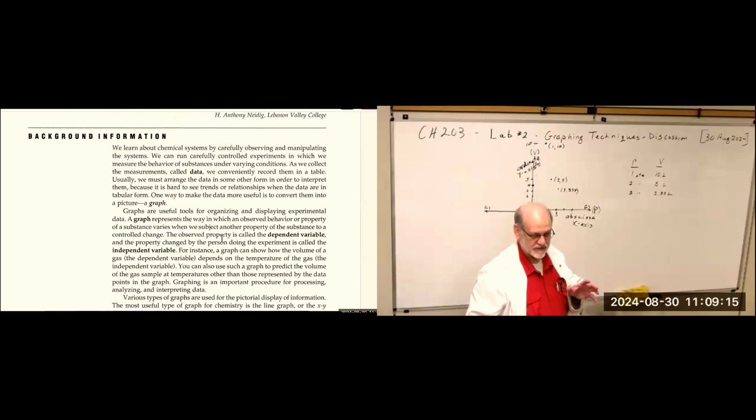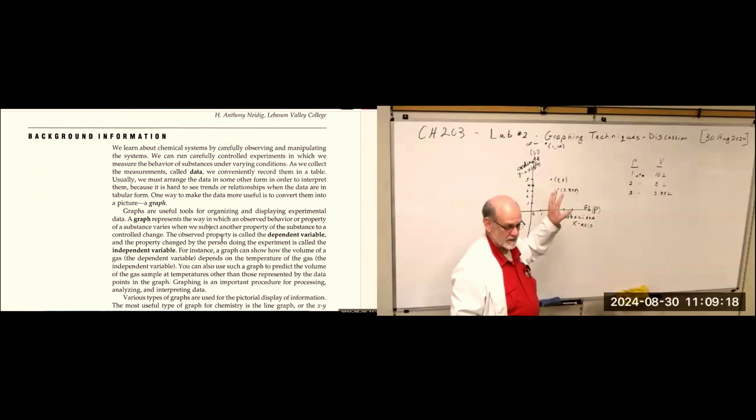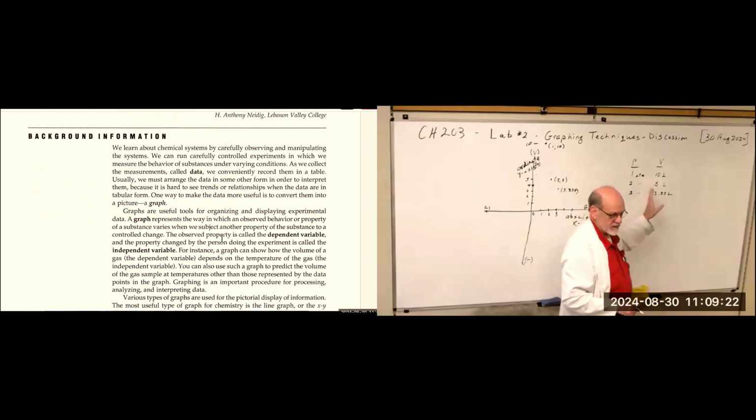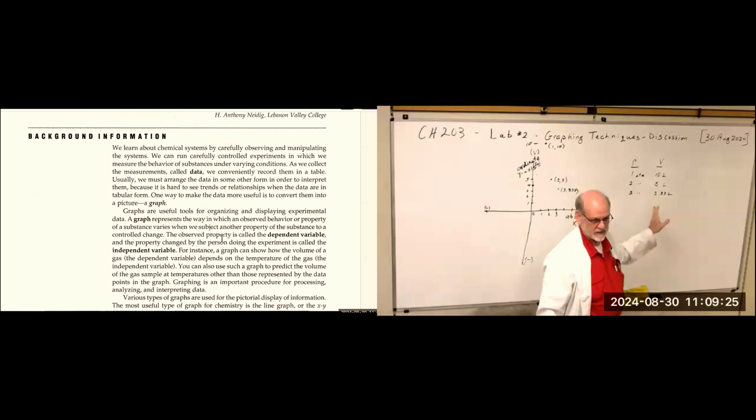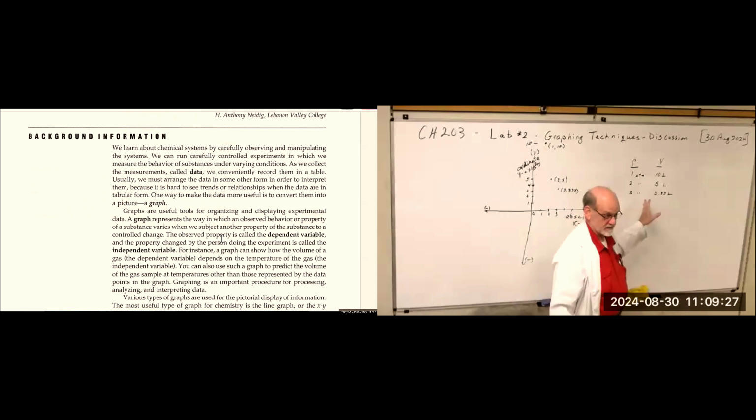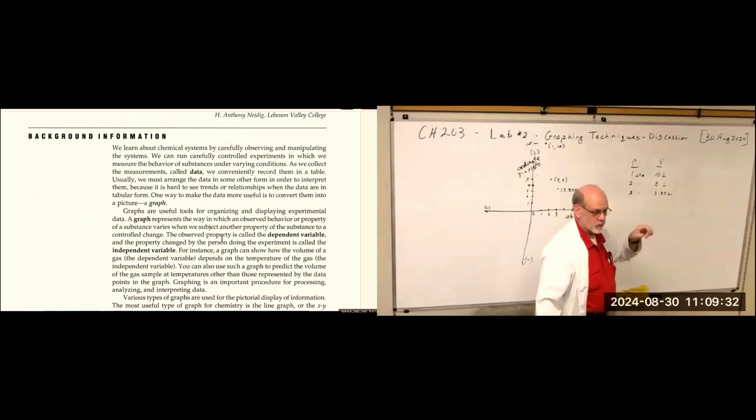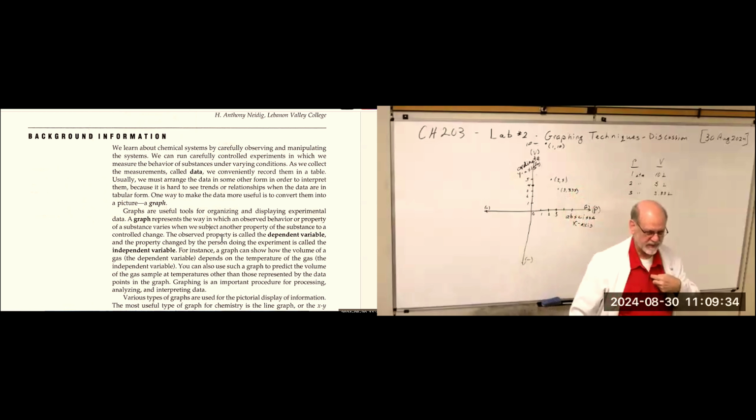All right, in the sciences, when we graph things, and when these values originated with an experiment, these are measurements. Which one did I control as the experimenter? That one. I controlled the pressure, and the response is the volume. So the one I controlled is the independent variable.